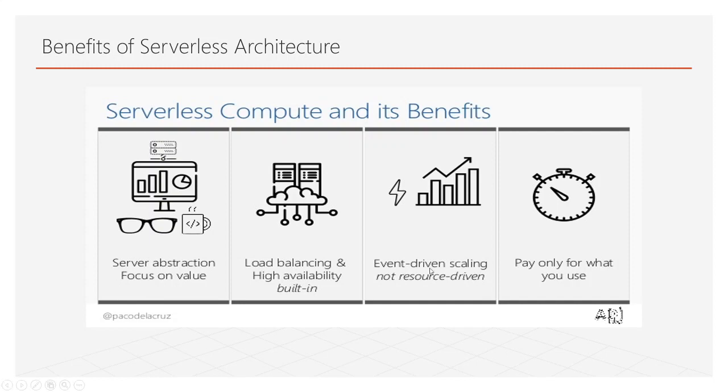Now, event driven scaling, not resource driven. What exactly does this mean? You will have multiple triggers. Suppose I have a timer triggered Azure Function, and I am trying to run some functionality every Sunday at 12 o'clock. Then it will only get triggered at that time.